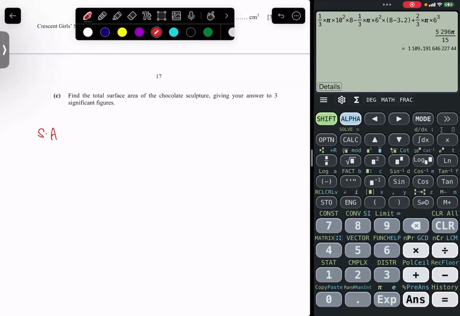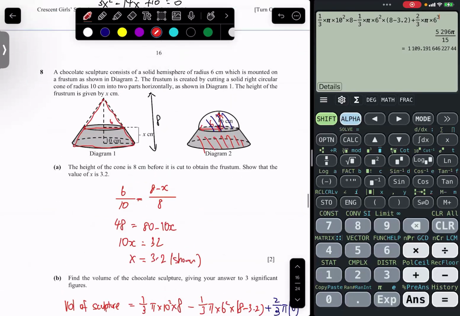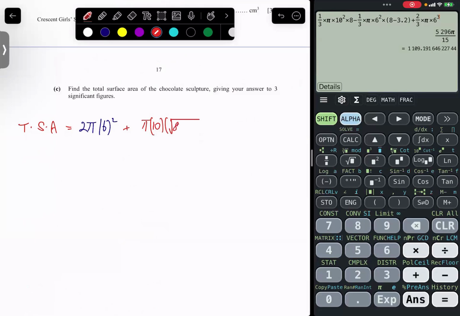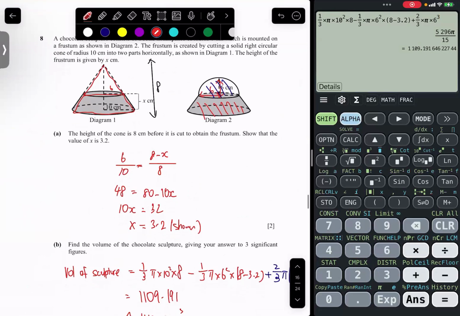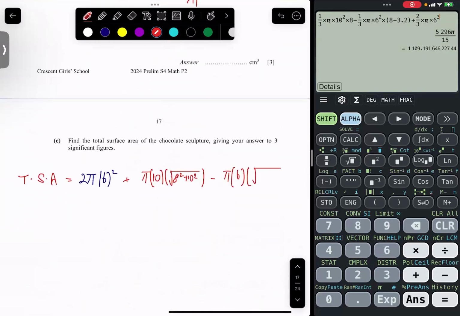So total surface area equals, first let's settle the hemisphere, 2 pi 6 squared, plus pi r l, pi 10 L, which is the square root of 8 squared plus 10 squared, minus pi 6 times the square root of 6 squared plus 4.8 squared.